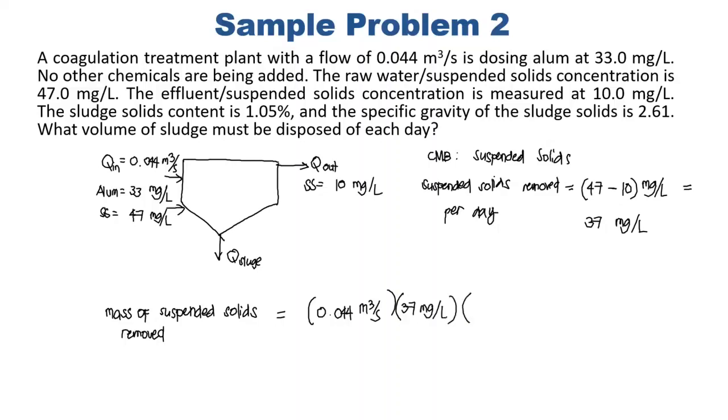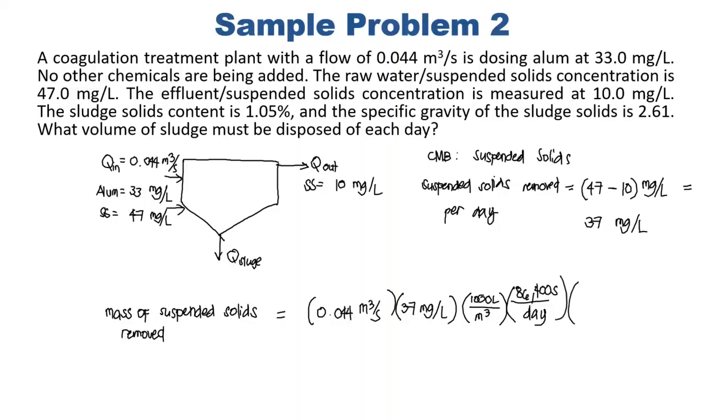Then we need to convert liters into cubic meters, so 1,000 liters is equivalent to 1 cubic meter, and convert 1 day into seconds, which is 86,400 seconds.